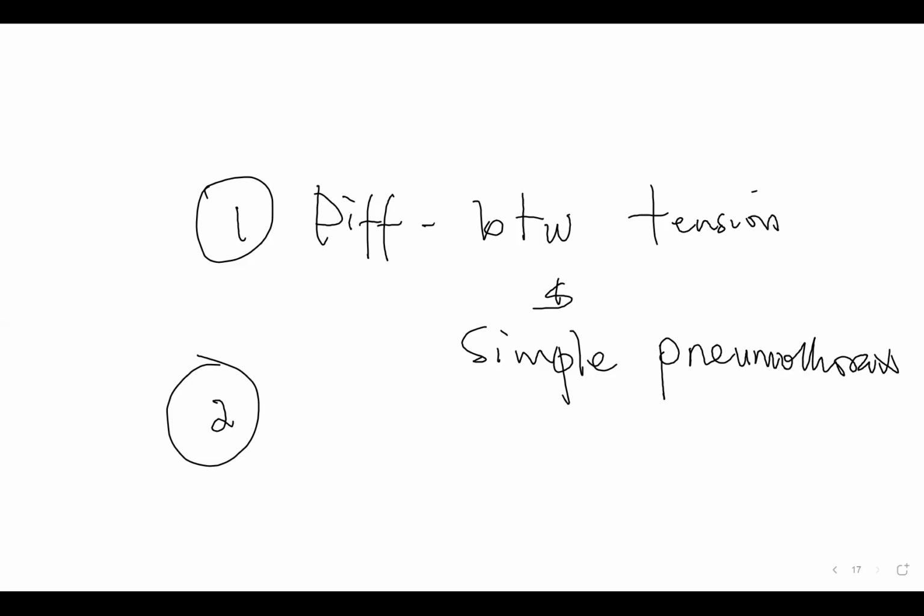In simple pneumothorax, when you see a radiolucency, it doesn't have mediastinal shift, except when the pressure has built enough to cause mediastinal shift. That is when you see mediastinal shift and depression of the diaphragm of the affected side.